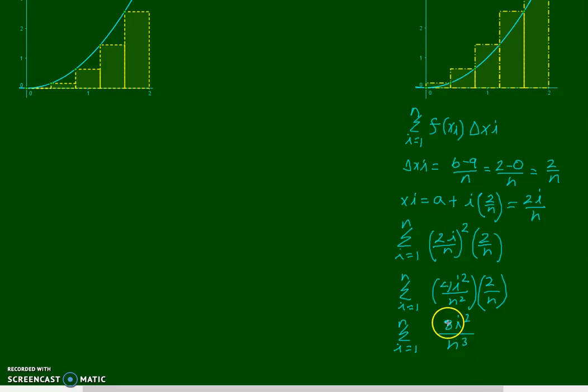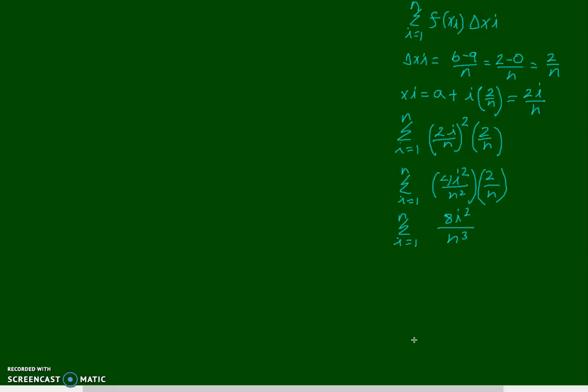Now we can see that we have two constant values, 8 over n to the third, which are constants. They're not going to be in the summation, so we can pull those out. So what we'll have is 8 over n to the third times the sum of i equals 1 to n of i squared.